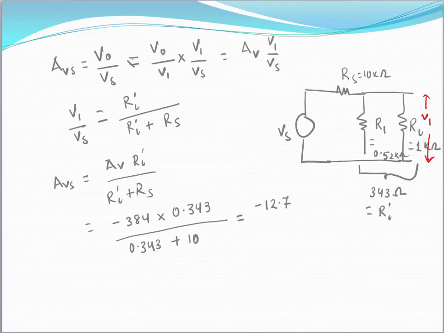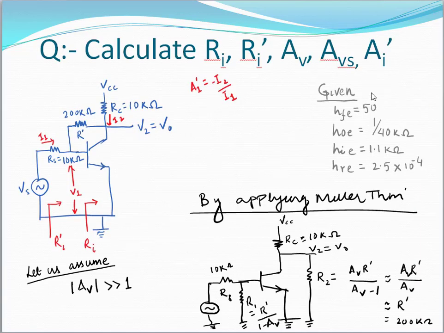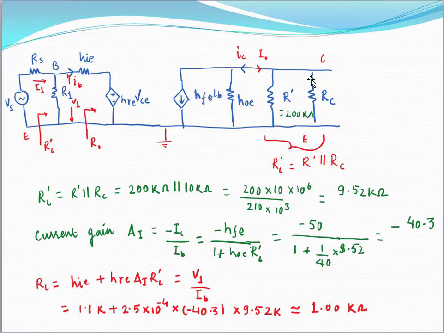Now next we have to calculate Ai dash, and Ai dash is equal to minus of I2 by I1, and I2 is flowing through RC and I1 is flowing through Rs. So if you see it here, I2 is flowing through RC, and I1 is flowing through Rs.